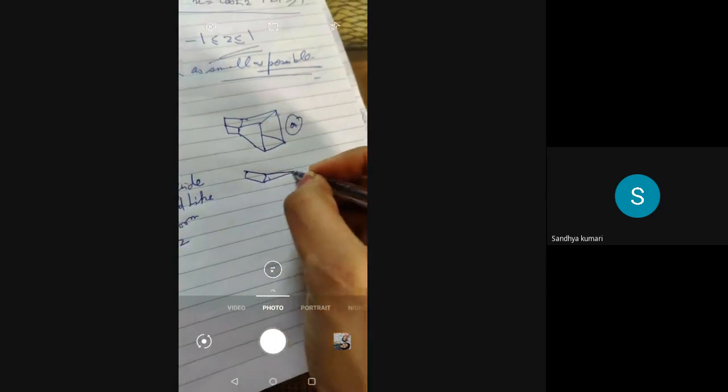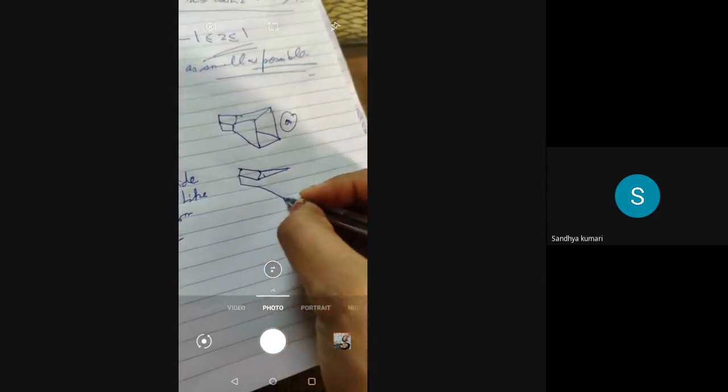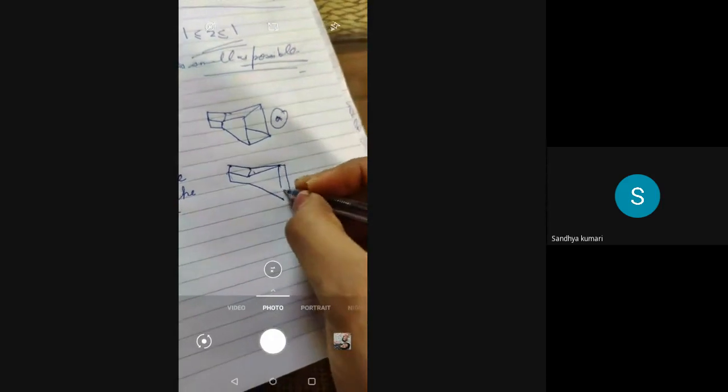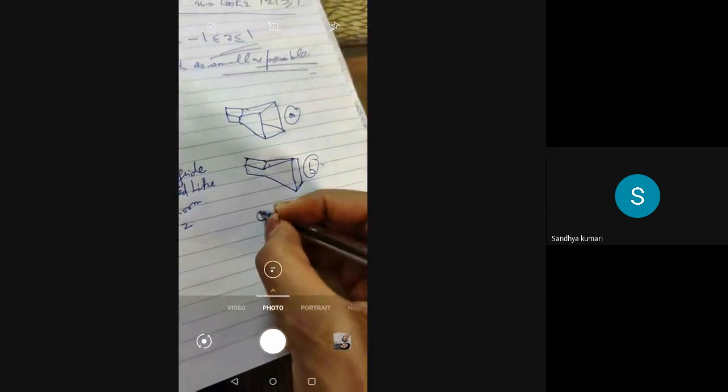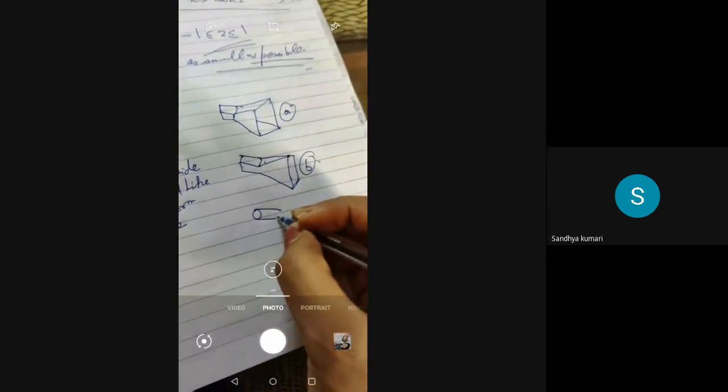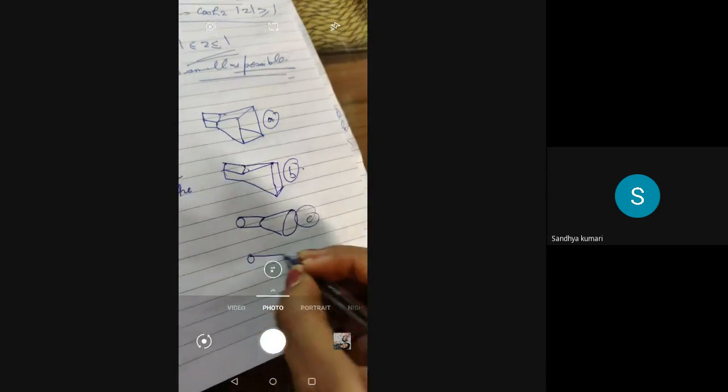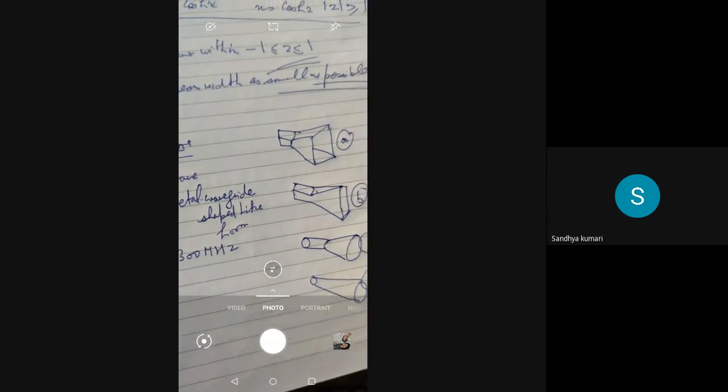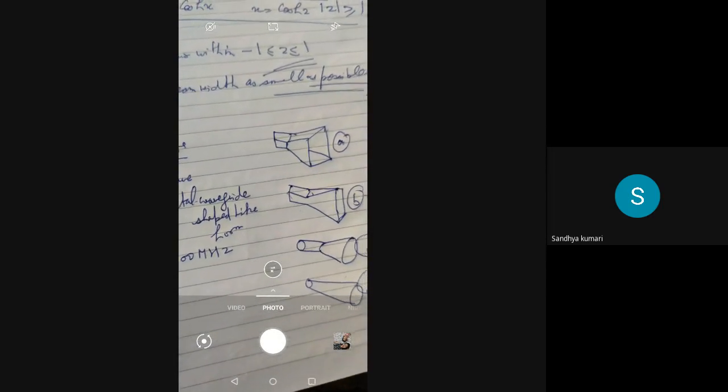There is some other way of constructing the horn antenna, so this is a different structure. This is another type of horn antenna. These are the different expansion curves. There are different shapes given to these horn antennas.